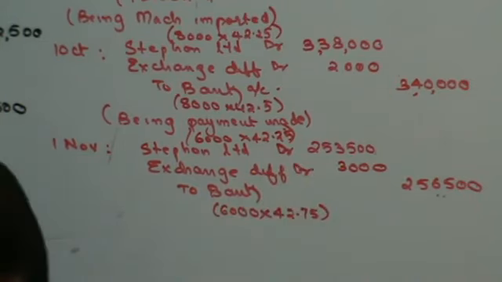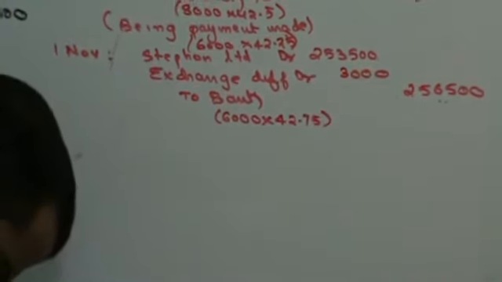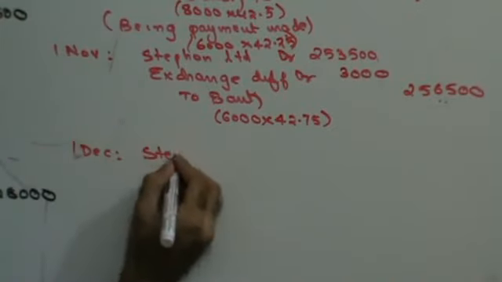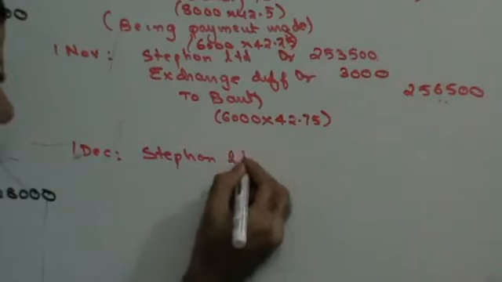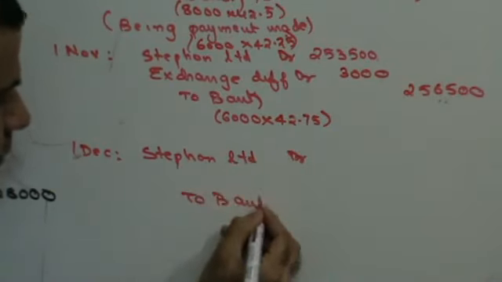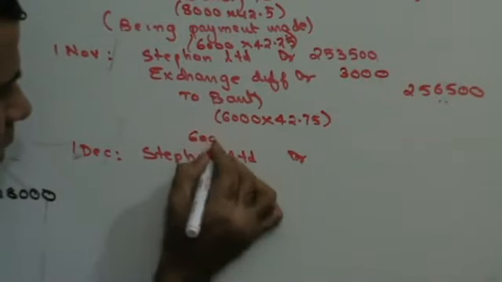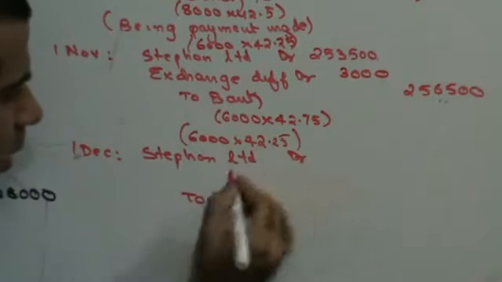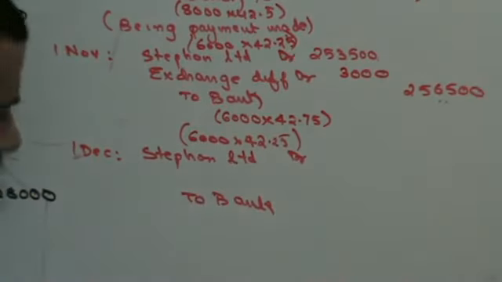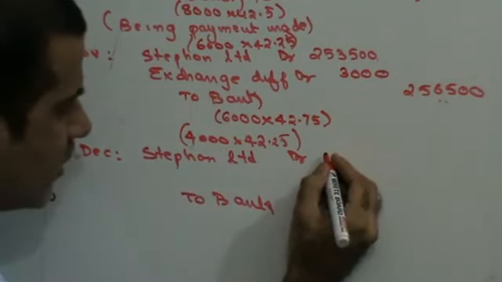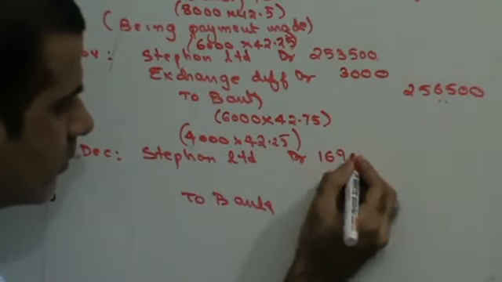After that the next payment is on 1st December. Debit the receiver, Stephen Limited account debit to bank. Last one is $4,000. Your base rate is 42.25, so that is 1,69,000.